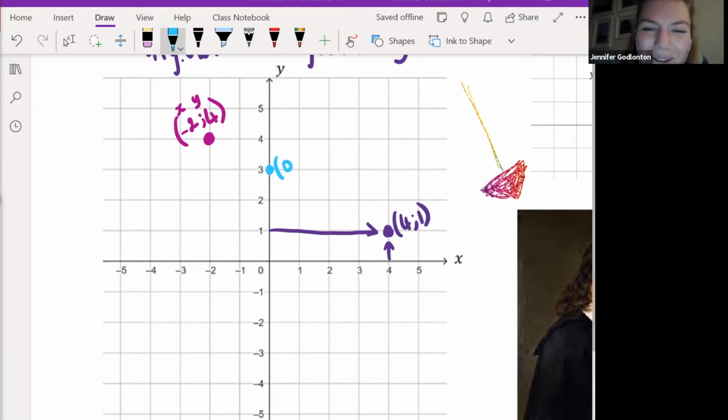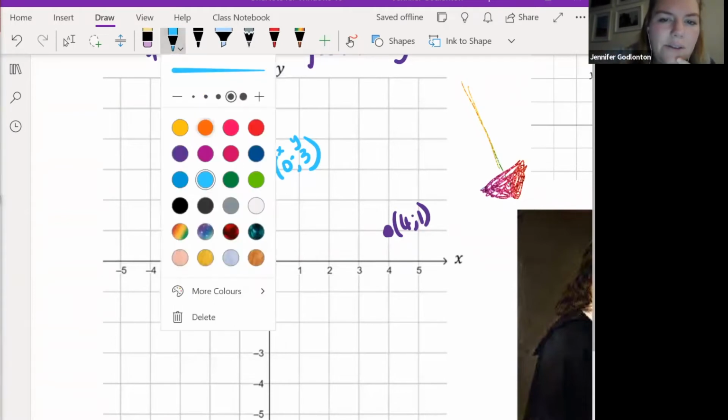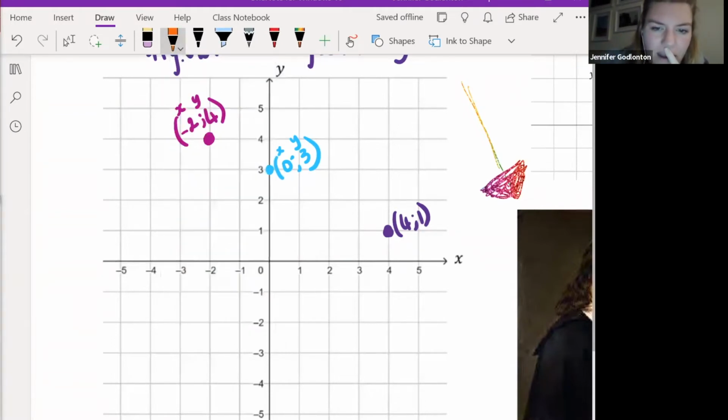Yes, Roma, you did not fall for my trap. Well done. Nice. Okay, so when we're looking at it, our x value is 0 and our y value is 3. So we're going to write it as 0, 3. Always our x value and then our y value. Okay, let's try one more like this and then we're going to do something. Let's go there.